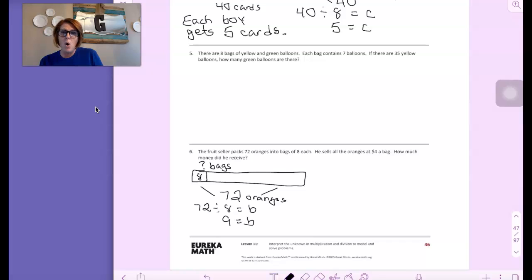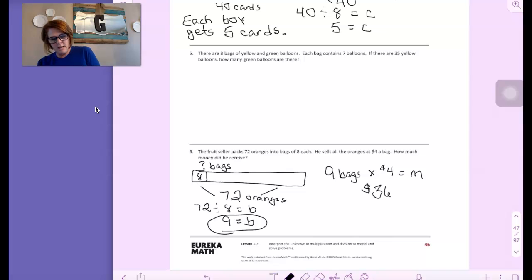And if he sells all the oranges at $4 a bag, we now know we have 9 bags. So 9 bags times $4 per bag equals our money. So I'll use M for money. 9 times $4 is $36.